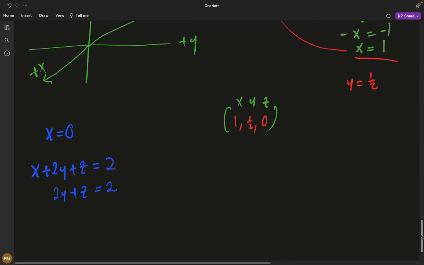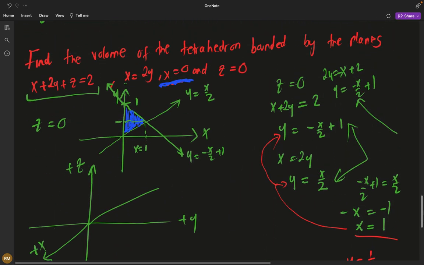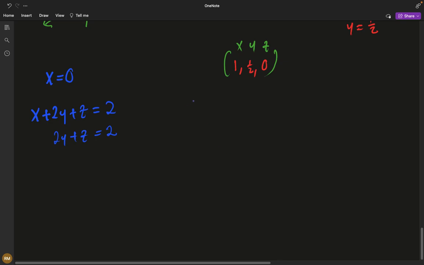Also remember that we had x = 2y, and if x = 0, then y = 0, right? And then 2 times 0 plus z = 2, therefore z = 2.